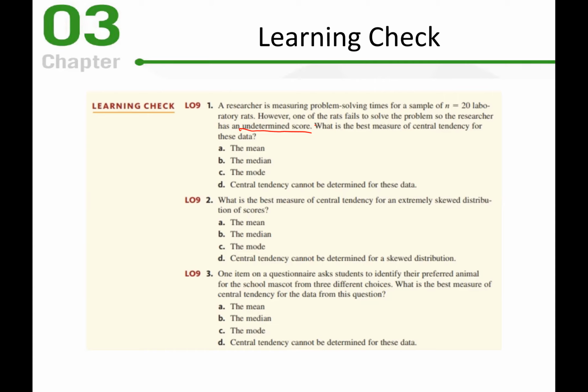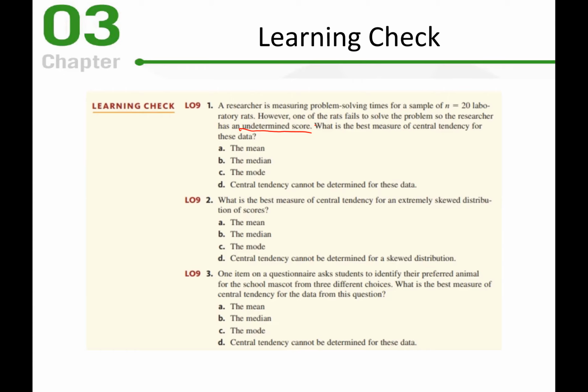So it's not going to be the mean. You could use the mode, but it's not the best measure. The best measure would be the median, because it tells you the midpoint in the data, and it's not influenced by extreme scores or undetermined scores. So it's going to be B.